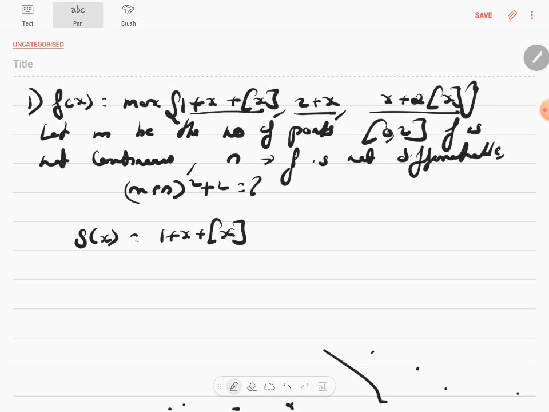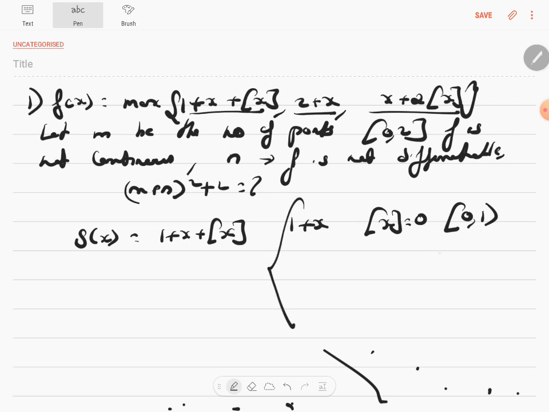Whenever there's a greatest integer function, to redefine it, you know that when x lies from 0 inclusive till 1 open, the greatest integer function's value will be 0, and hence the function itself will become 1 plus x.